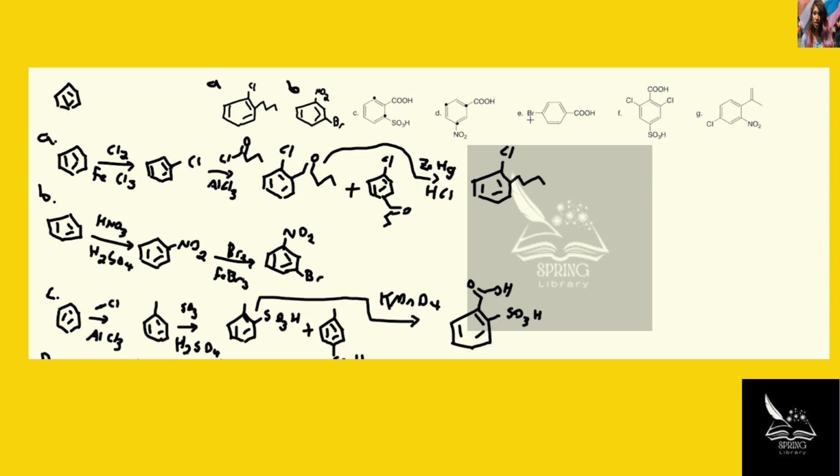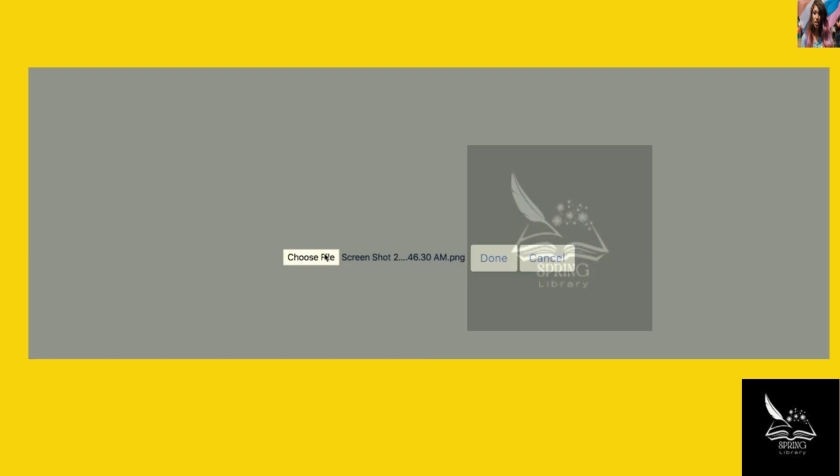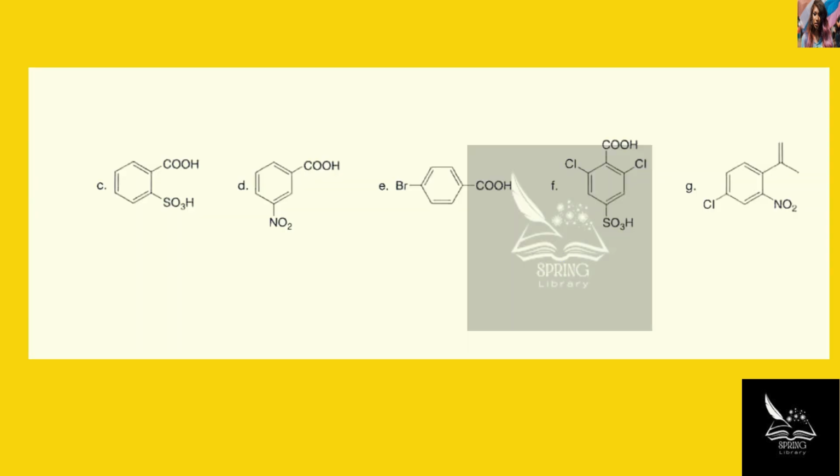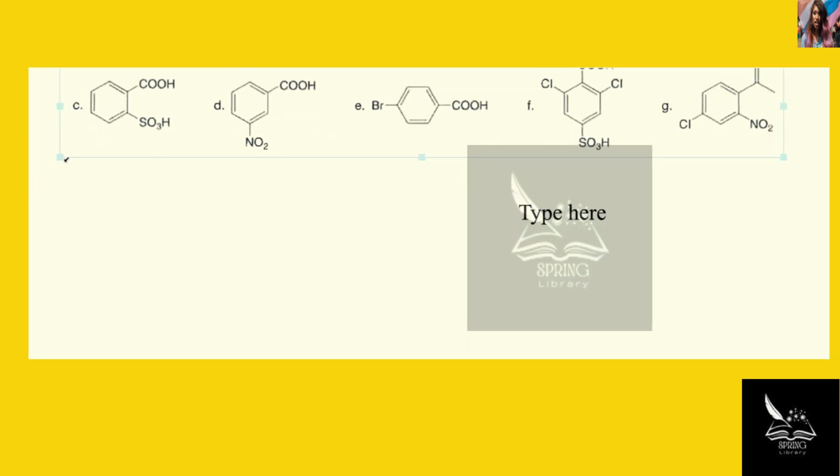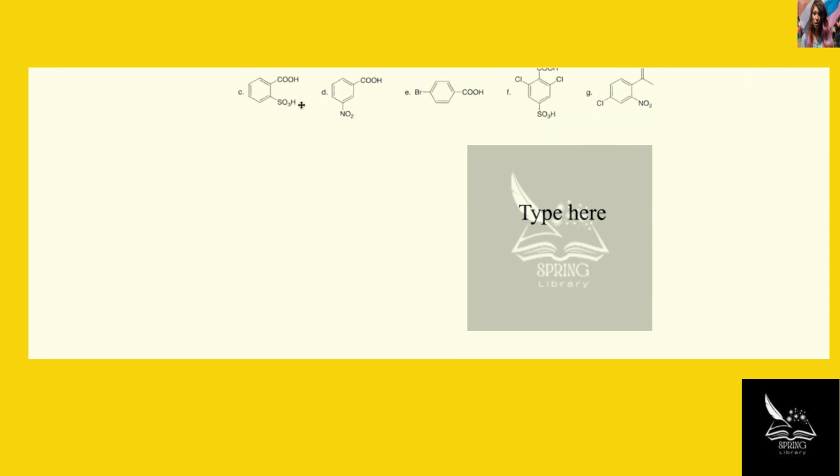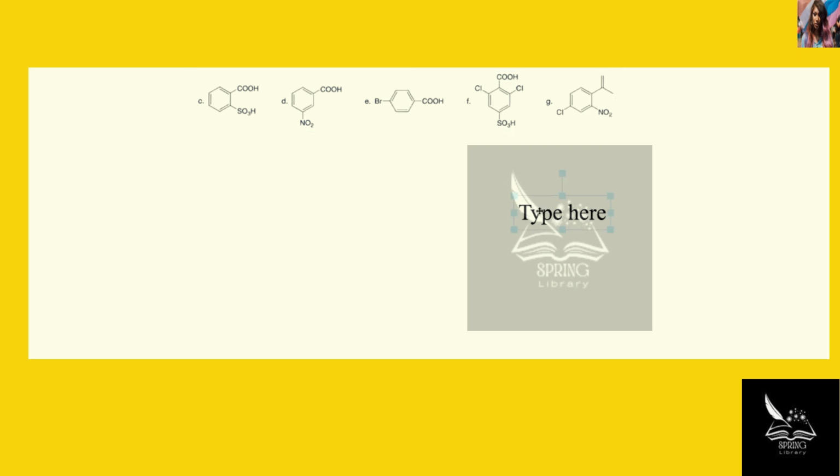So now let's do E, F, and G on the next page. So I'm just going to add in. Now we have E, F, and G on the next page.